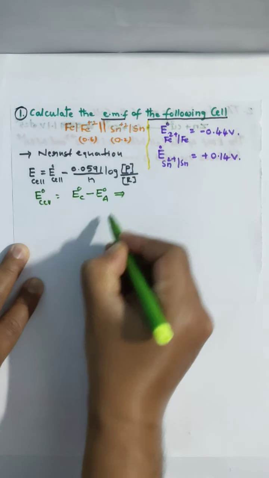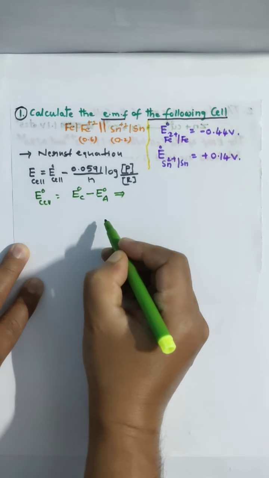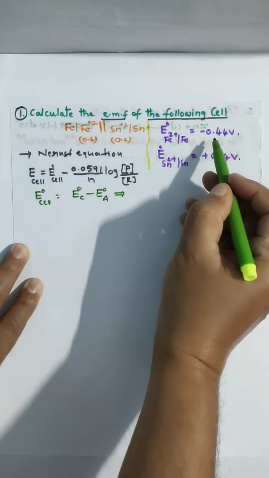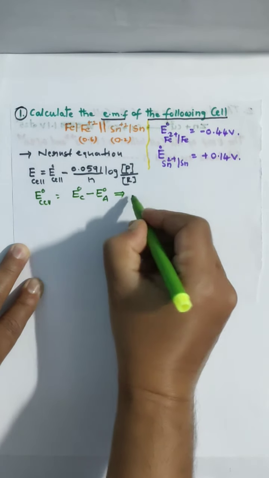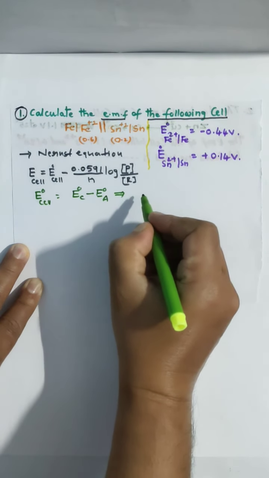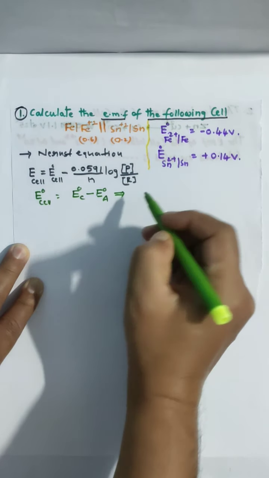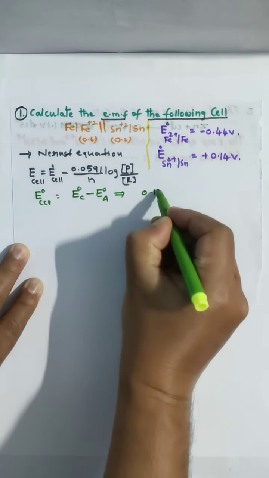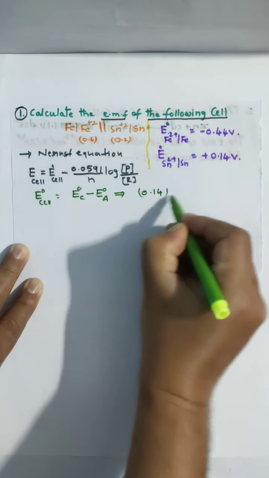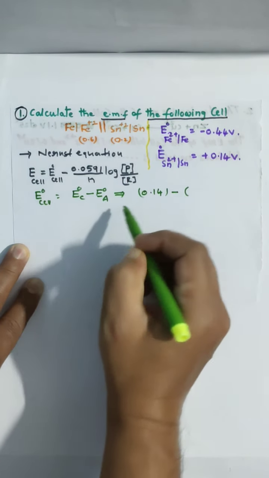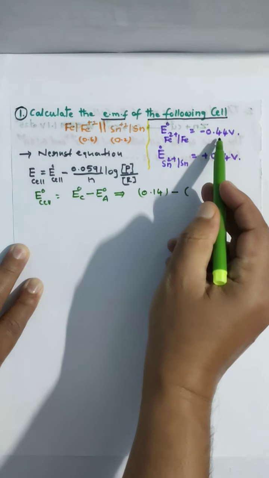E naught cathode is 0.14, minus E naught anode.